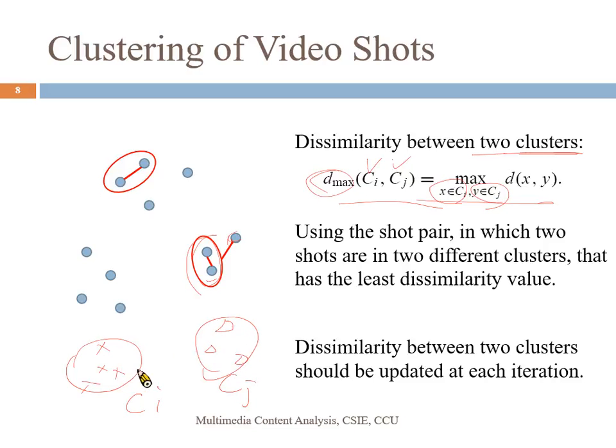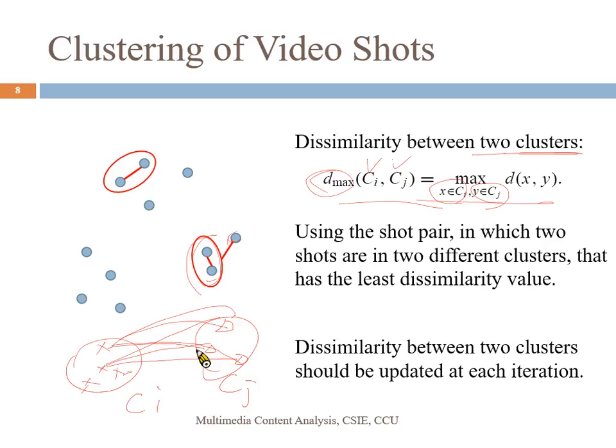When we try to measure the distance between Ci and Cj, we compare all the possible pairs, for example here, here, here, and so on.